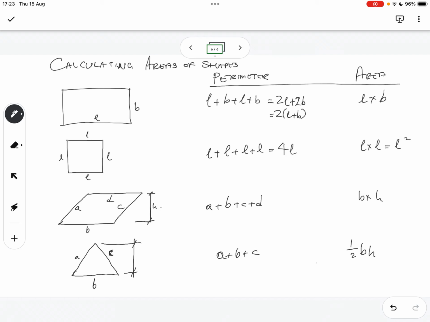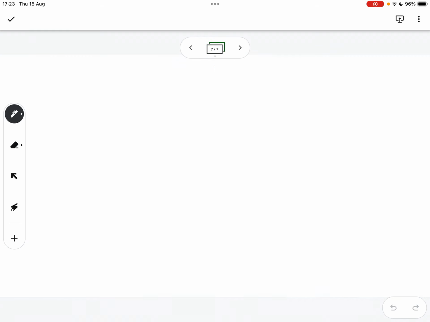Let's quickly do these examples where we convert. All right, so conversion exercises.